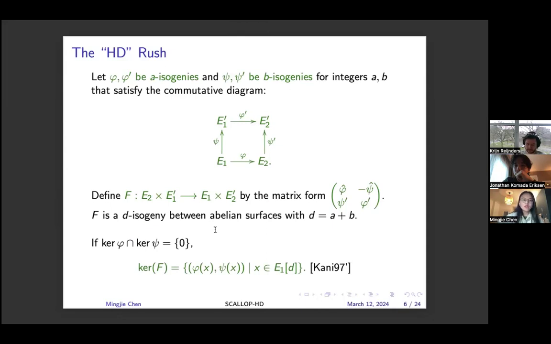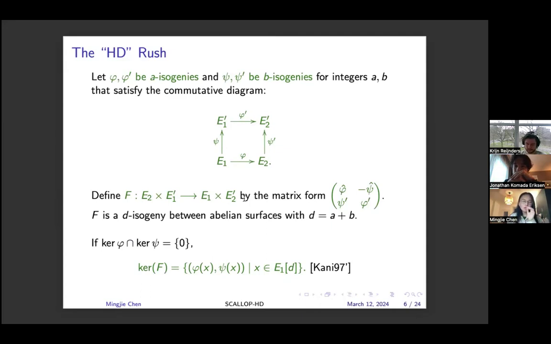If we further have that the kernel of phi intersects the kernel of psi trivially, then the kernel of F is given by the following formula. Essentially, we need to be able to evaluate phi and psi on the D-torsion of this curve E1.